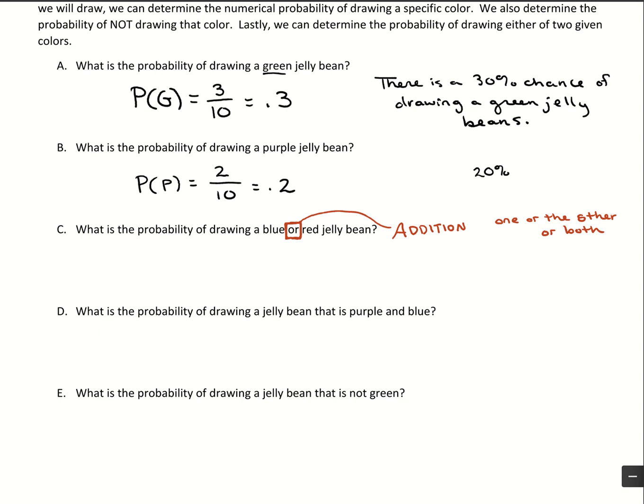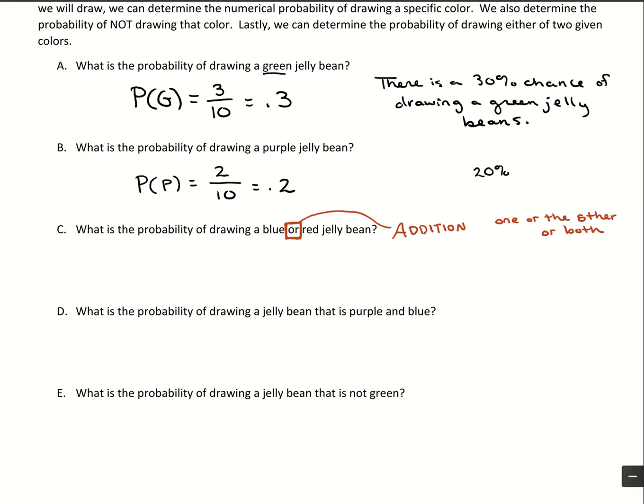Meaning here, we want to bring through the probability of blue jelly beans, or also the red jelly beans, or also if we had anything that was mixed like both blue and red, which we don't have in this case. But saying blue or red, or basically using or as the connector word, it brings through a lot of cases, one or the other or both.